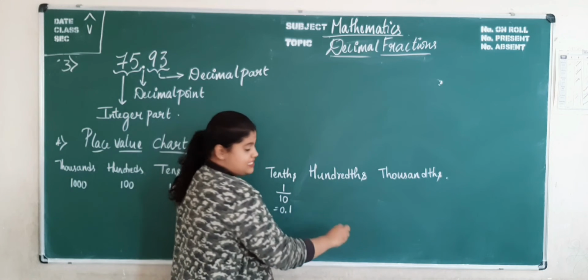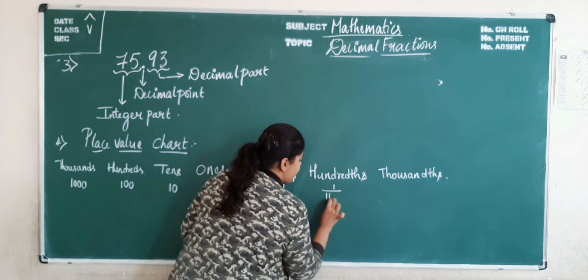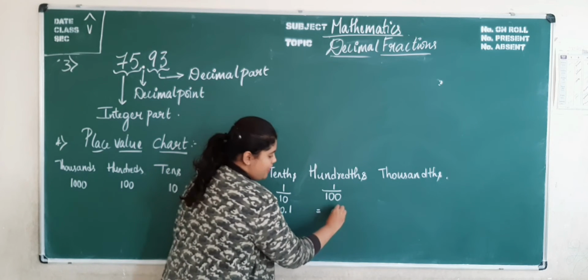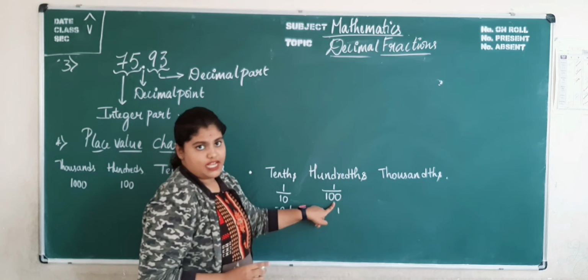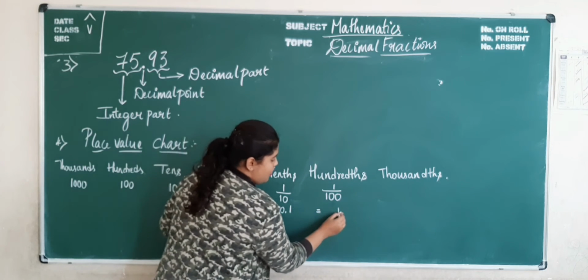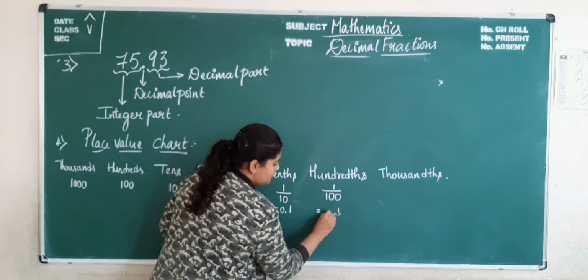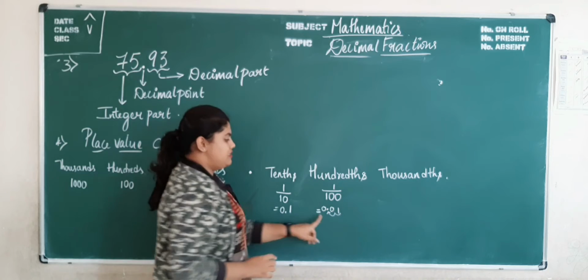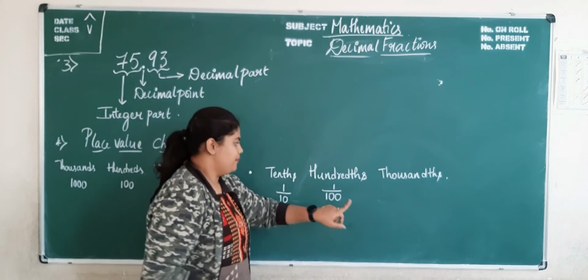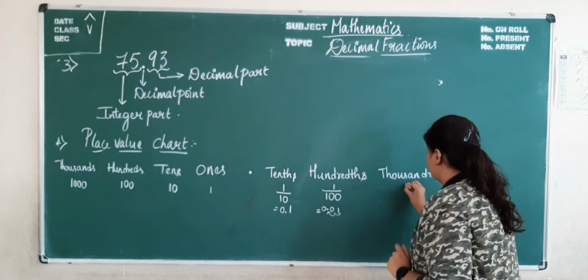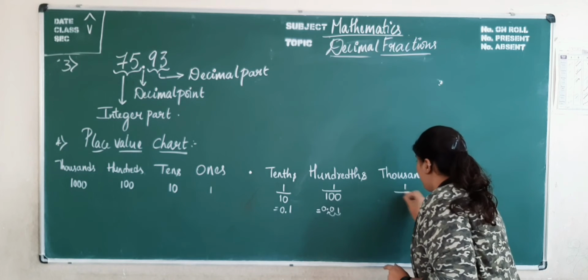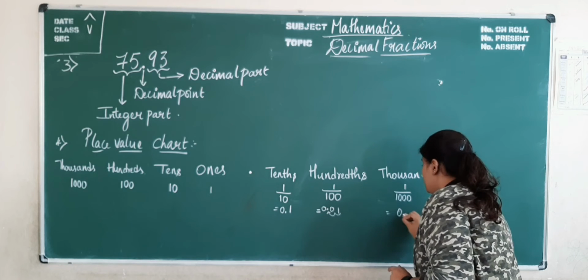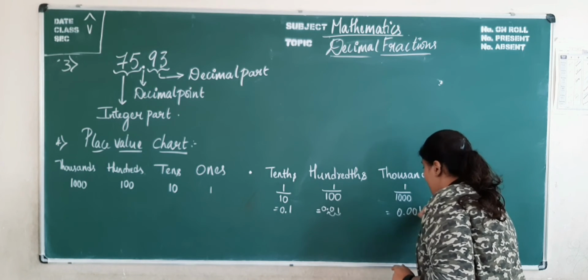Next, hundredths is nothing but 1 by 100. I will write the numerator 1. How many zeros are there? 2 zeros. I will place one decimal point here and write 0, 0. So it is 0.01. Now thousandths is nothing but 1 by 1000, which is 0.001.